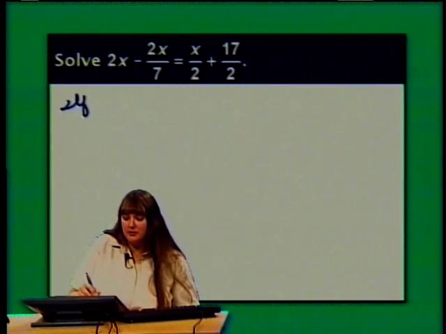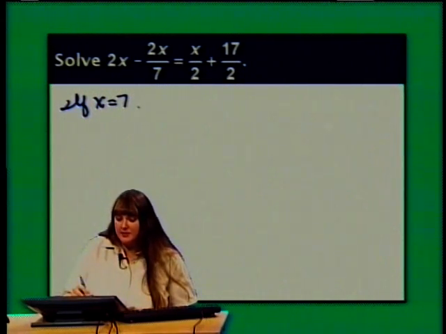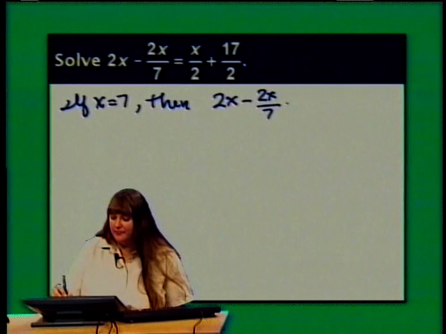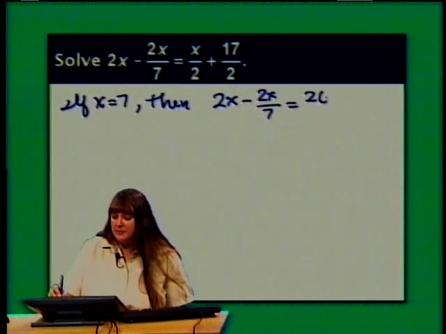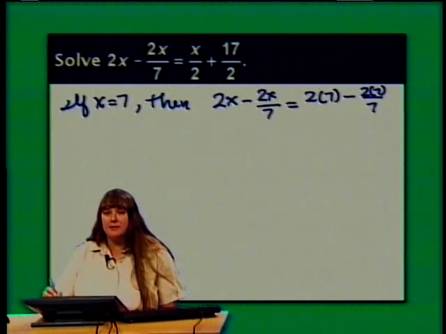Let's check this proposed solution of 7. If x equals 7, then on the left-hand side, 2x minus 2x over 7 would be 2 times 7 minus 2 times 7 over 7.